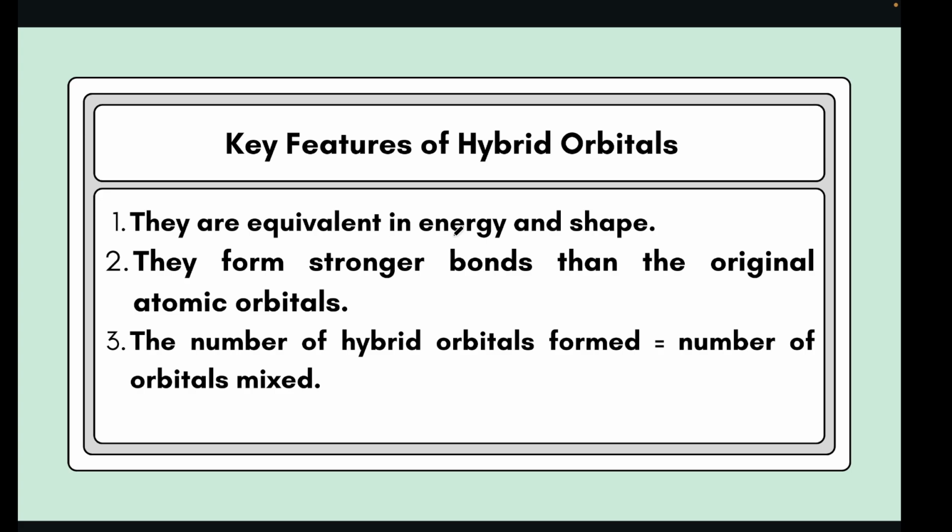And each hybrid orbital has the same shape and size, giving uniform bonding. Hybrid orbitals are oriented in space to minimize repulsion, and the bonds formed by hybrid orbitals are stronger and more stable due to better overlap. So the number of hybrid orbitals formed is equal to the number of orbitals mixed.